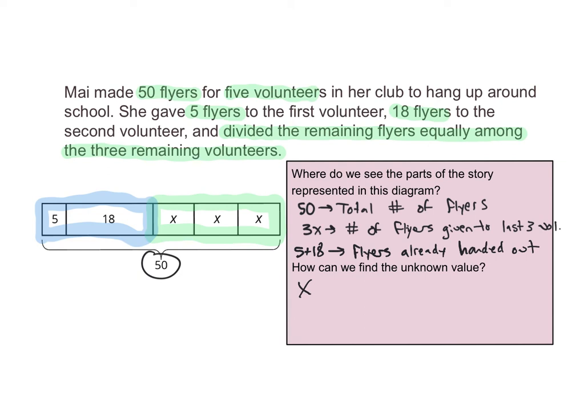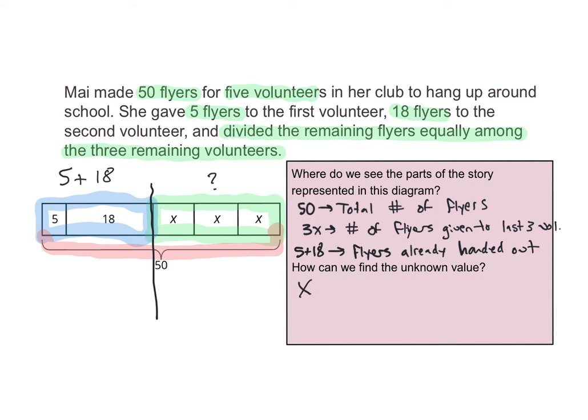And one of the ones I really liked was that students were seeing that, well, if this whole quantity, all of this equals 50, then let's just split this up into 2 groups. We have the group we don't know, which is this one, and we have the group we do know, which is 5 plus 18.